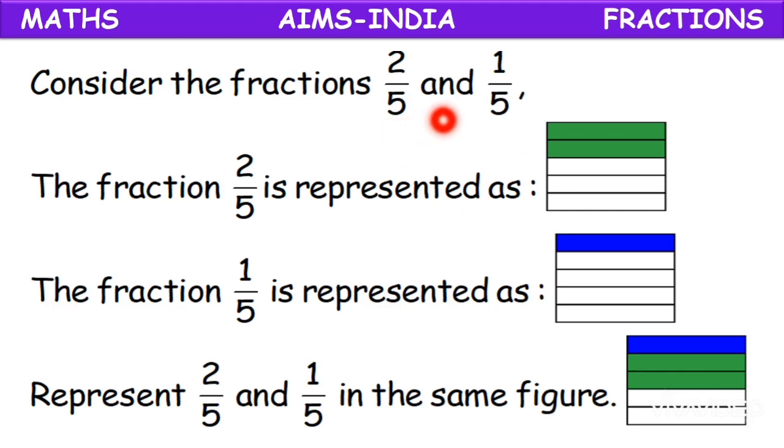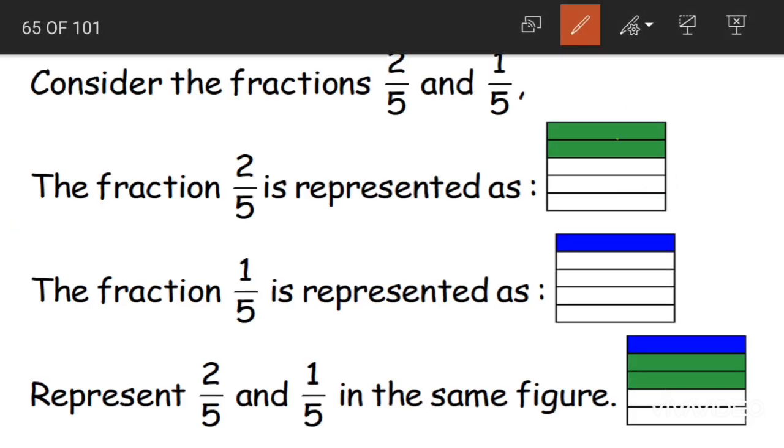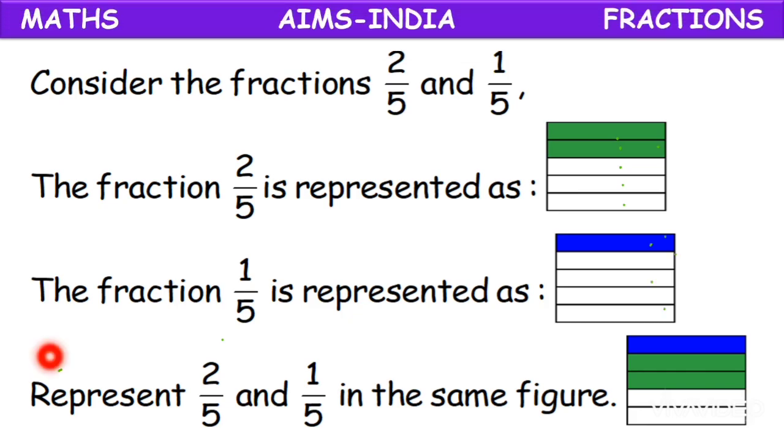Consider the fractions 2 by 5 and 1 by 5. The fraction 2 by 5 is represented as this. Here we are having 5 parts, 1, 2, 3, 4, 5, and out of which 2 are shaded. And fraction 1 by 5 is represented as, here we are having again 5 parts and only 1 is shaded.